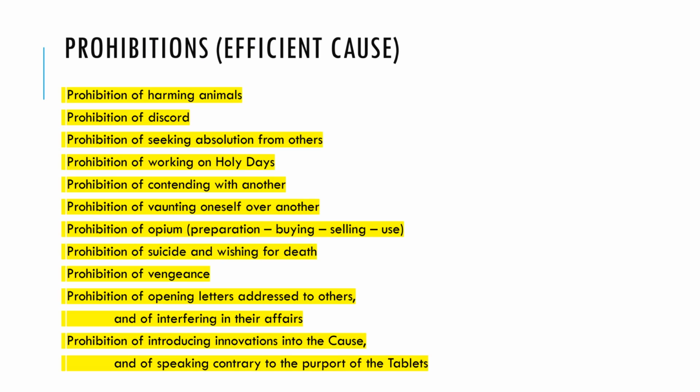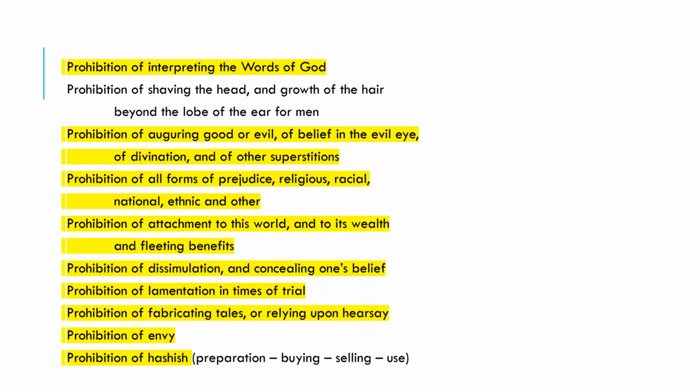Then you talk about prohibition: prohibition from harming animals, discord, seeking absolution from others, prohibition of work on holidays, contending with others, prohibition of exalting oneself over another, and so on and so forth. Vengeance, for example. You see, these elements are the objective language of revelation that is given to humanity to implement.